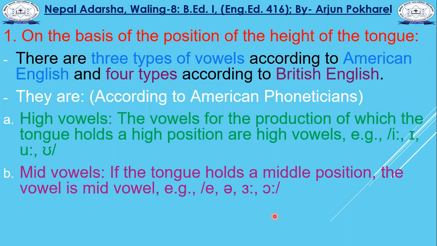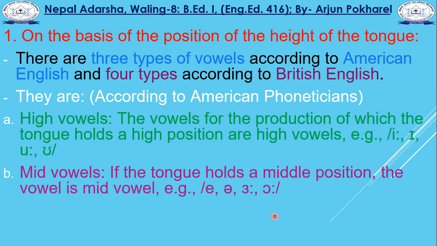The tongue is a bit raised and is in the middle position in the oral tract. So in the production of mid vowels, what happens? The tongue holds a middle position.